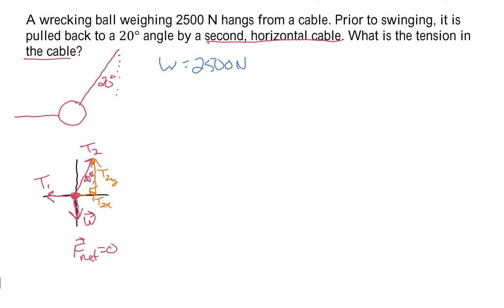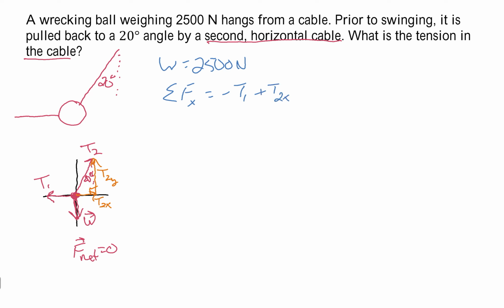We know that the sum of the forces in the x direction will be T1, but that is going against the positive, so we're going to write negative T1. Negative T1, and then we have a positive T2x, so plus T2x, and that's it.